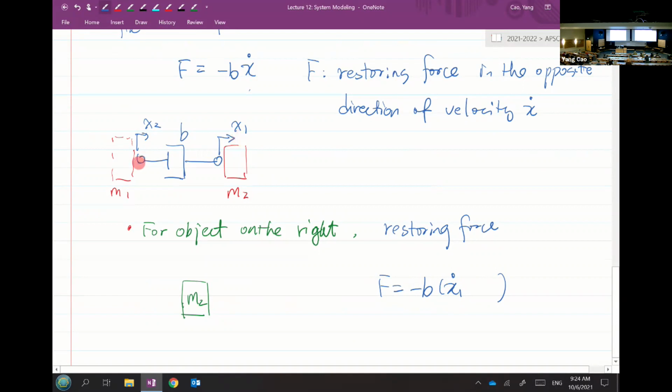And now the other end is free to move. So x1 dot minus x2 dot, like the x1 minus x2. So if I have an object m2 here, and there's only one force we can feel, which is the restoring force, then you need to draw the force pointing this way here. Now you get B times x1 dot minus x2 dot.